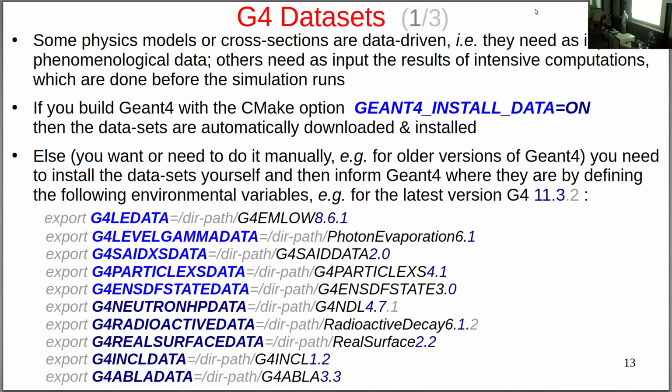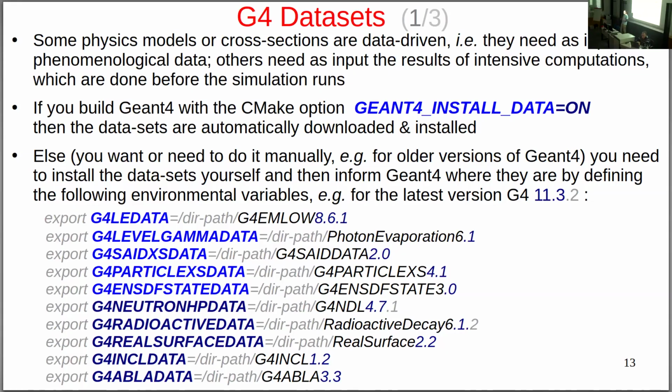Okay, some physics models of cross-section are so-called data-driven. They need some numbers which are read at initialization from some files. Or there is some heavy computation which is done offline, and then you just read the results to be a bit faster.